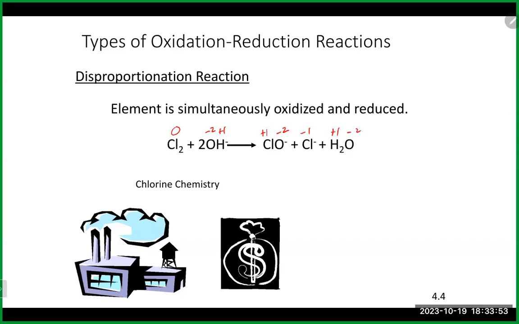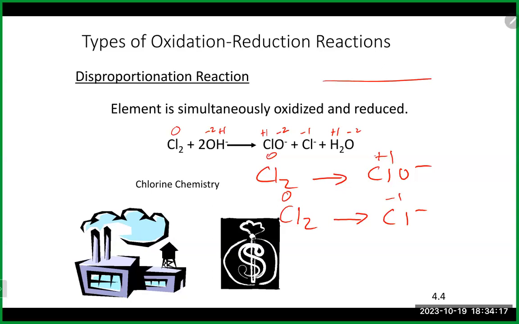So if we look at the oxygen, the hydrogen, not much happening on either side. It's actually the chlorine here. First thing happening is the chlorine is going to make this guy. And then that same chlorine will then make that guy in that case. And these are the two things that are happening. They are both starting at 0, and the chlorine over here is going to be +1 and then -1 in this case.